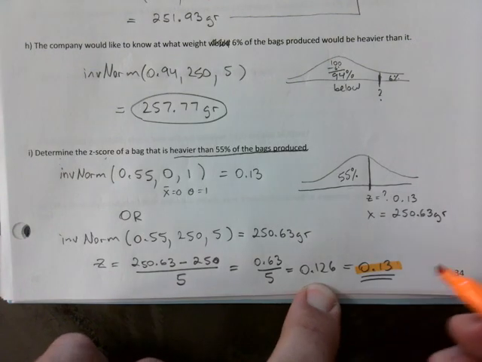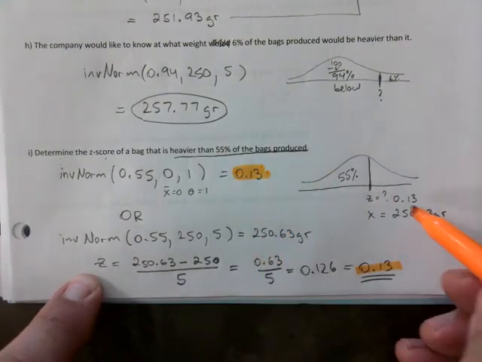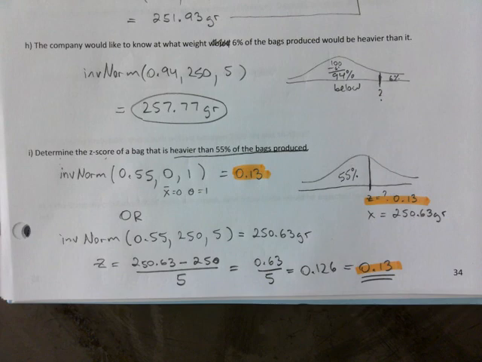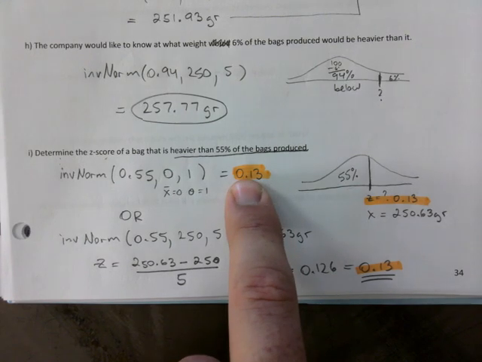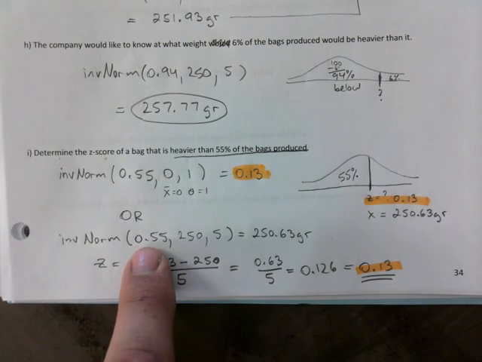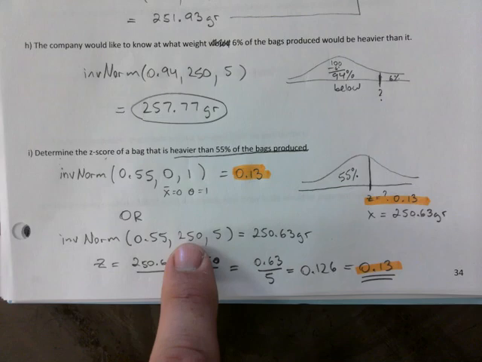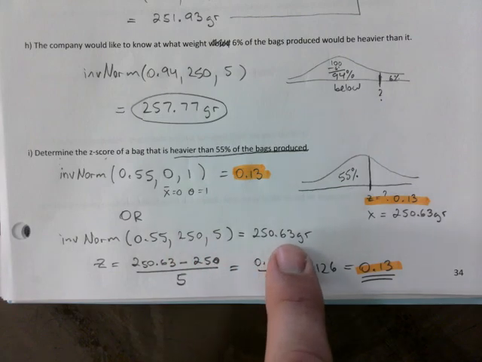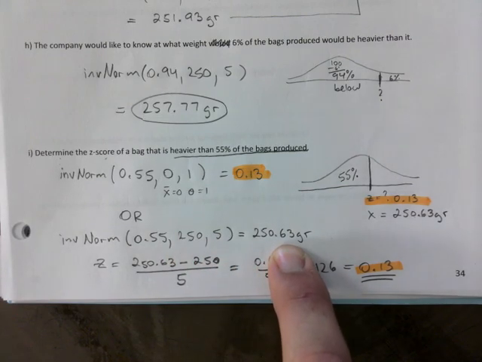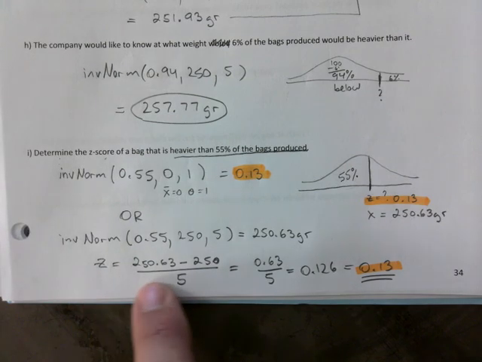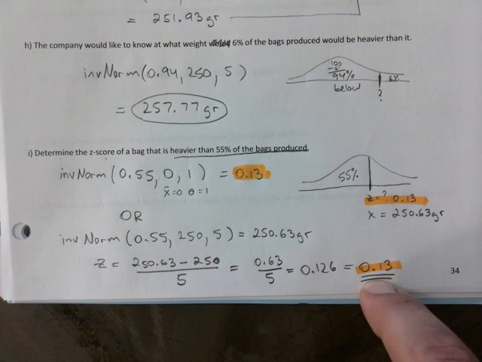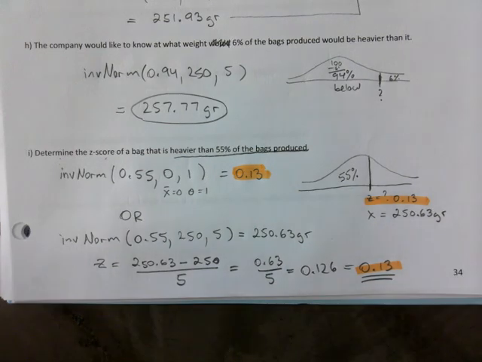I will highlight this part: if you had used inverse norm straight up like that, you get the same answer. If you had used inverse norm with the 250 and the 5, which are the actual values, you get your actual mass, which you can then use with the z-score formula to figure out the same exact information as before.